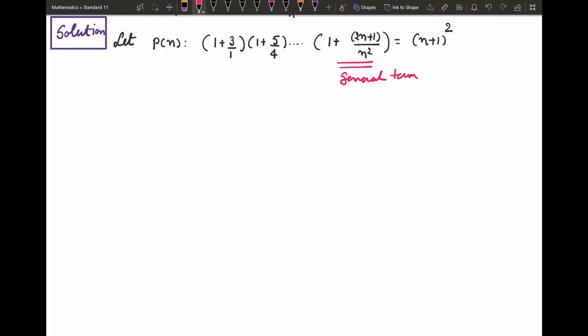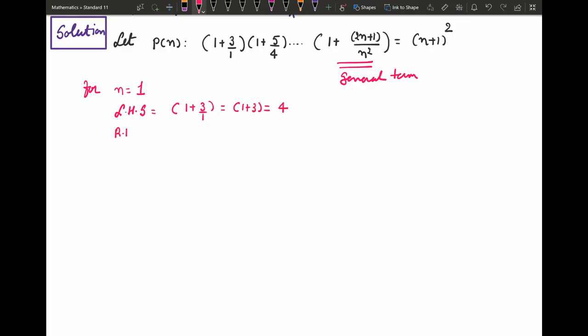So solution. Now for n equal to 1, LHS, left hand side, only the first term, 1 plus 3 by 1. So this is nothing but 1 plus 3, so it is 4.